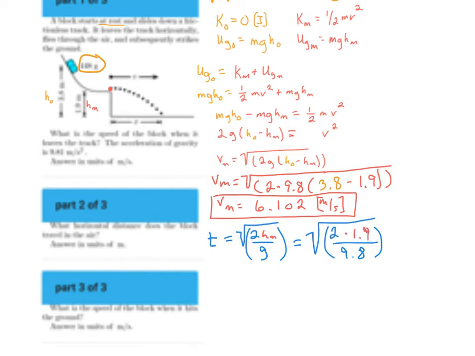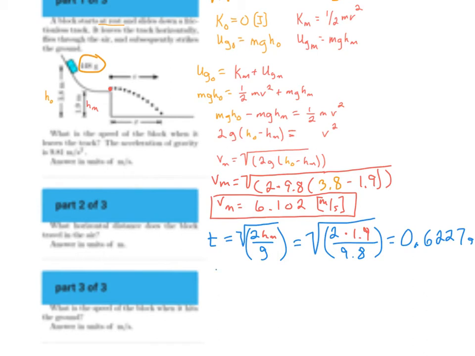So when I solve for time, I'm going to get 0.622, and then my fourth number is going to round up to a 7. And that's in seconds. Not my answer yet. I'm trying to find distance.